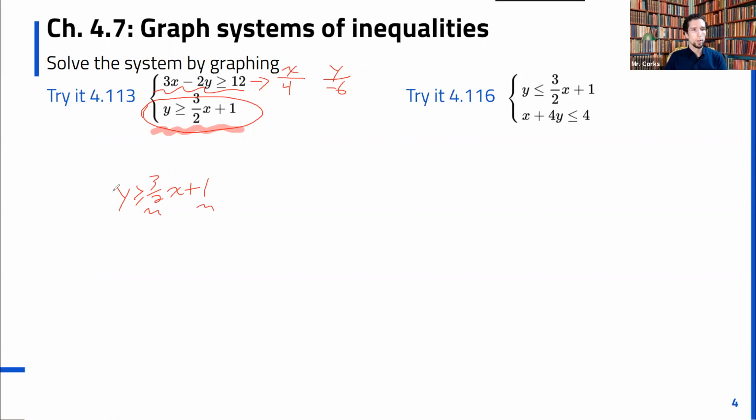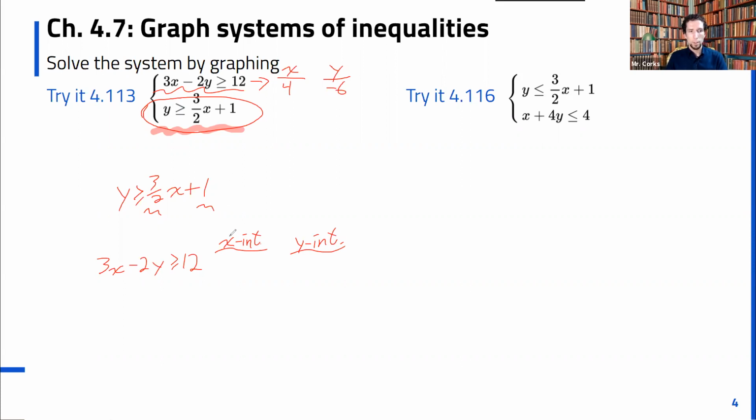That's ready to graph. If we have standard form like this, 3x minus 2y greater than or equal to 12, then we could get this ready to graph by changing it into slope intercept form, or we could just find what the two intercepts are here. The x-intercept and the y-intercept for this one.